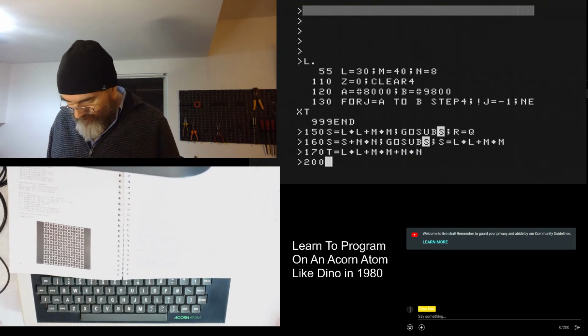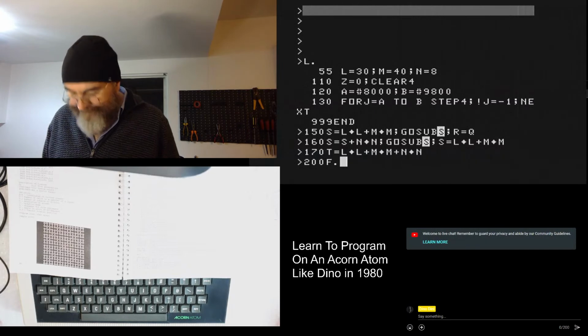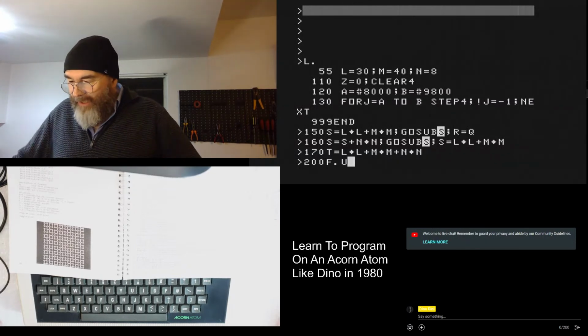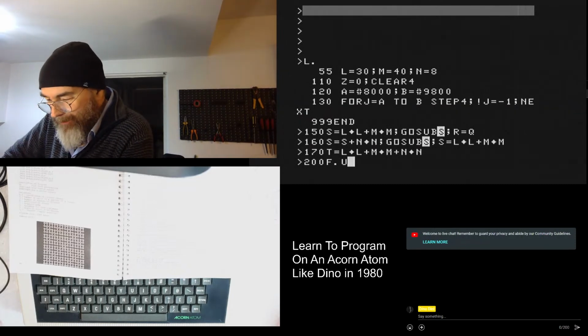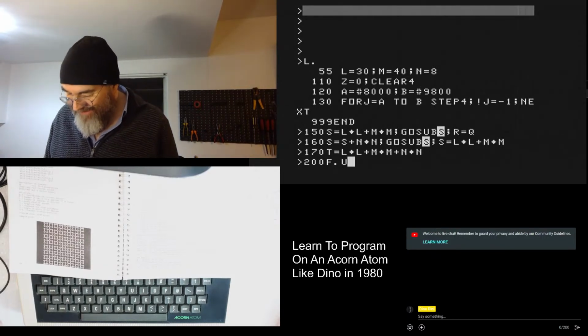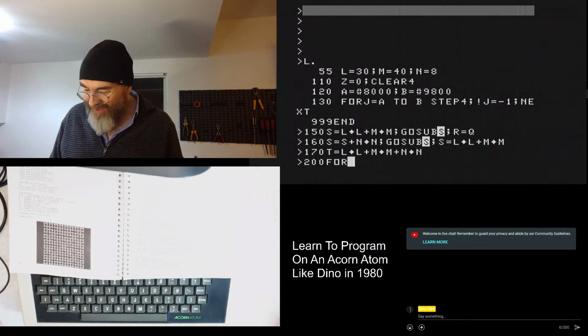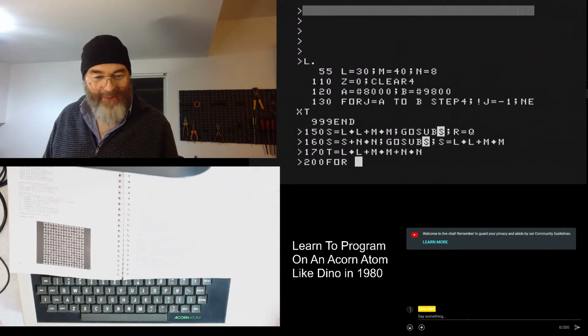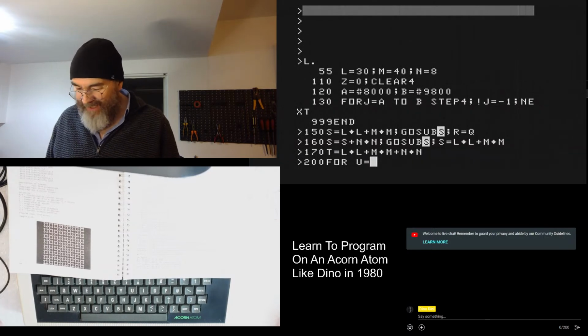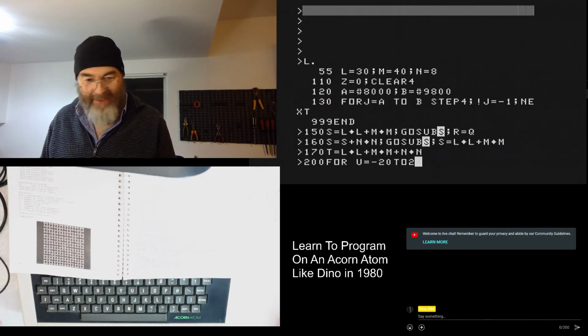FU. I don't understand what that means. Oh, it's short for FOR. For U equals minus 20 to 20.